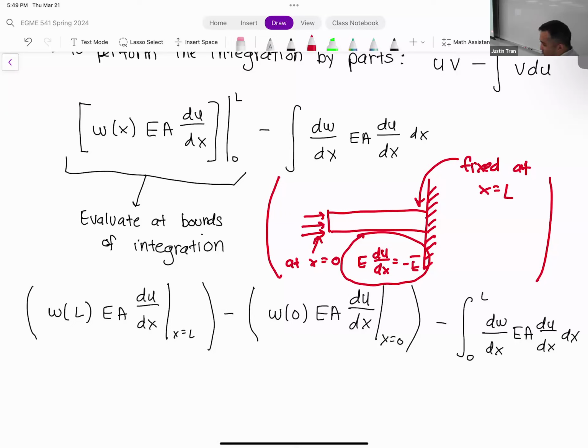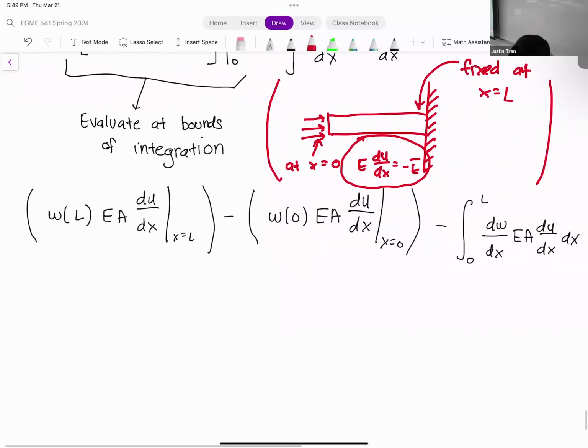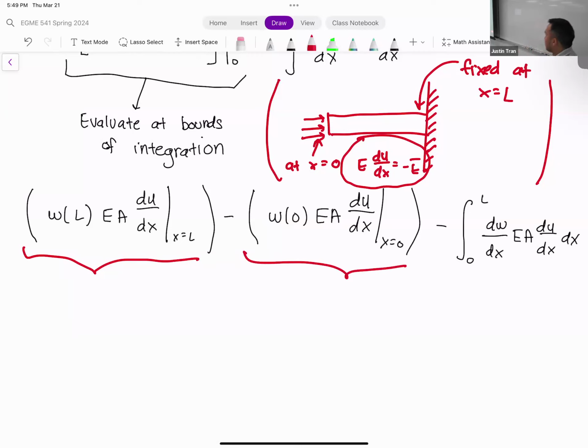So coming back to our weak form here, what do we notice about the first two terms? This first term is evaluated completely at x equal to L, and the second one is evaluated at x equal to 0.